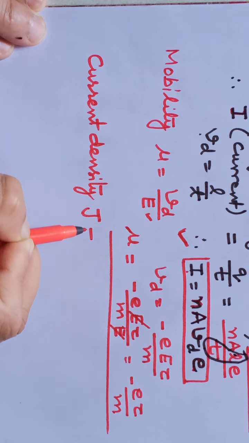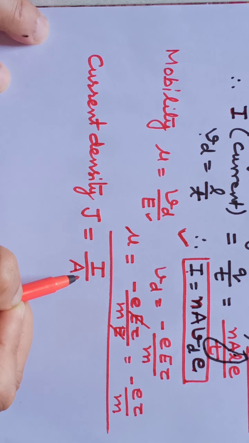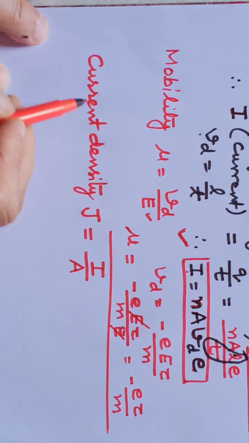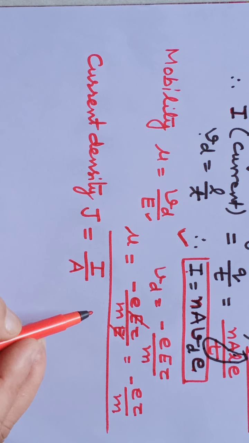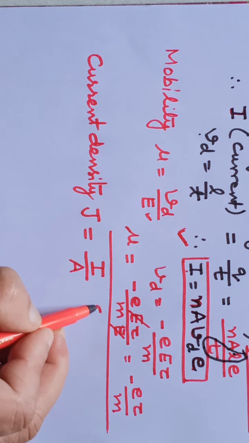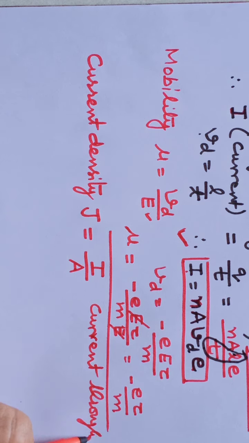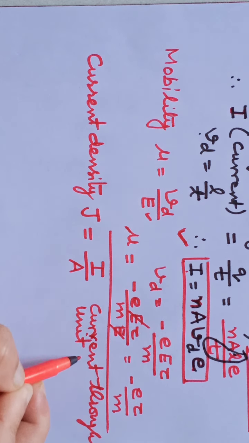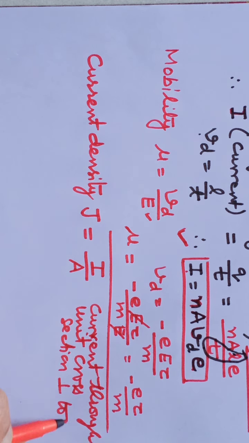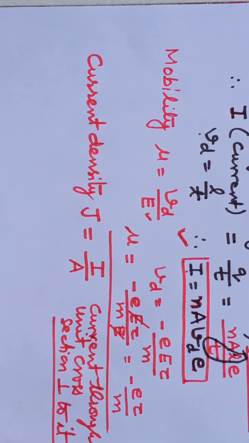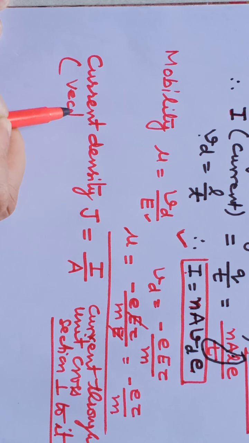We denote it by J, and this is nothing but the current flowing through unit cross section perpendicular to it. So we have assigned direction, so current density becomes a vector quantity.